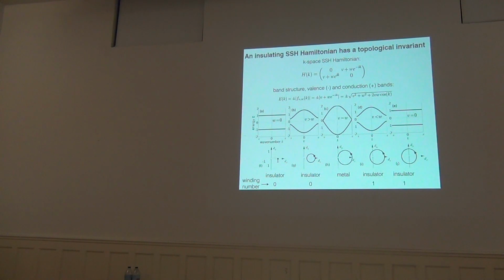So these are insulators, but this middle example, they touch, so that's sort of a metal in that sense. If I consider half filling of these band structures with electrons, then that's going to be a metal, even in that case.